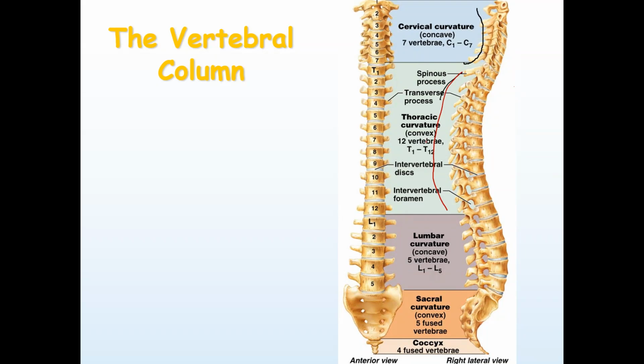Now, the thoracic vertebrae, you have 12 of them, and they're listed as T1 to T12, okay? So those are the vertebrae in the thoracic region. Remember, cervical vertebrae, 7 of them, listed C1 to C7. Thoracic vertebrae, 12 of them, listed T1 to T12.